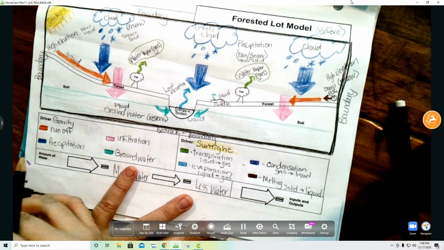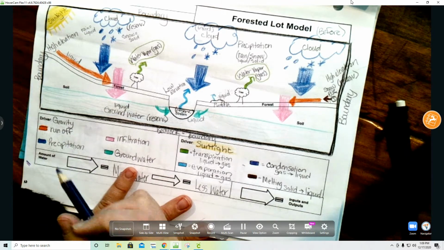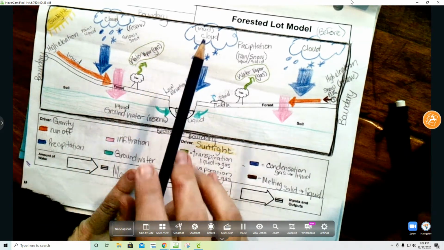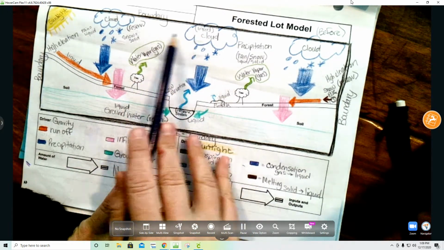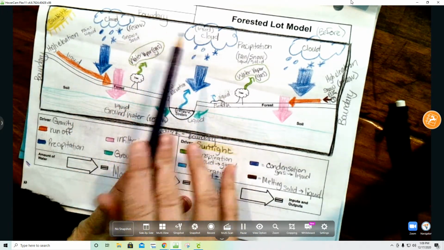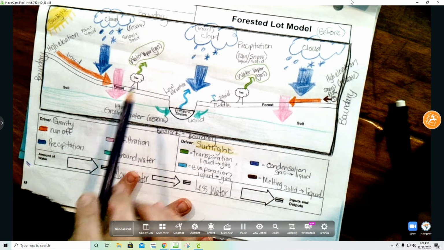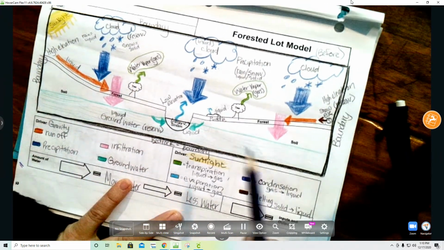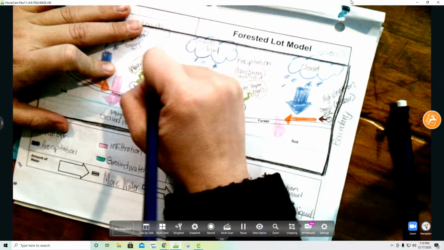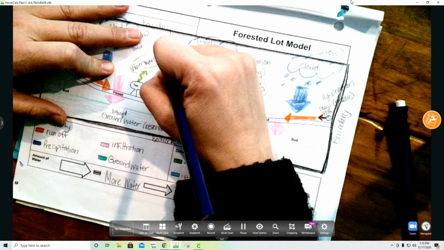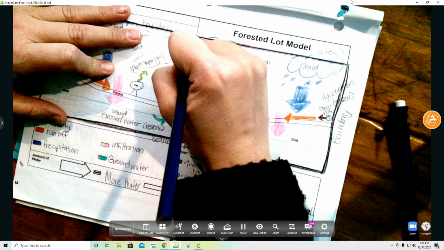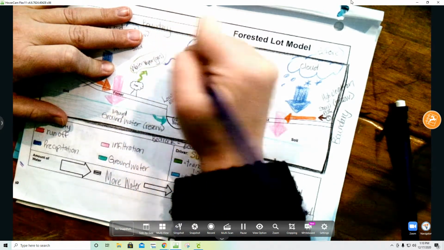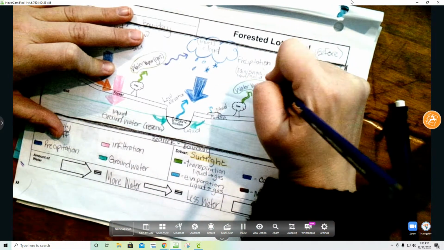Okay. And condensation. Now, what's tricky about this, what's going to be hard to represent, is we're talking about when water as a gas condenses and forms these clouds. Okay, it forms liquid water. It might form liquid water at or near the surface, but it's also going to form liquid water at the clouds. So it's from the gas. So what I'm going to do to represent this is I'm going to show a squiggly line going from a gas forming the clouds.